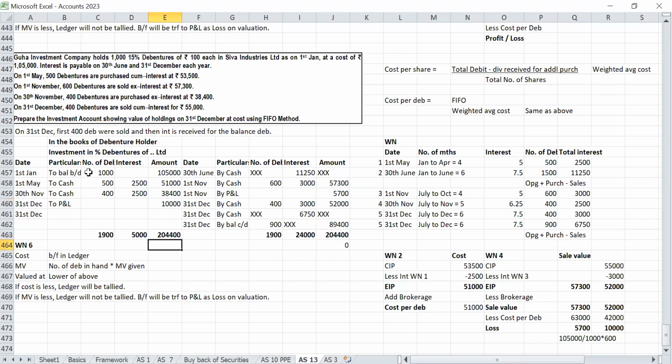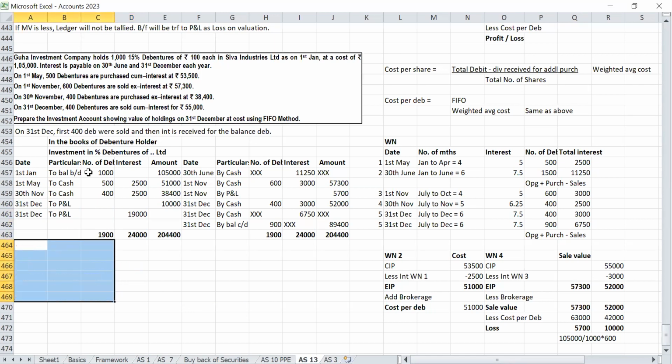So on 31st December, we will transfer the profit, and the total balancing figure in interest also we will transfer. 19,000 will be transferred to profit and loss account, total interest. Working note number 6 is not given in this question, so it will not come. That's it.